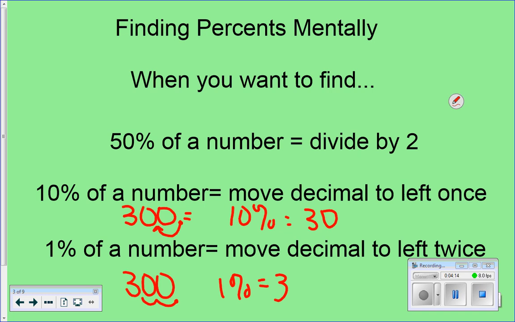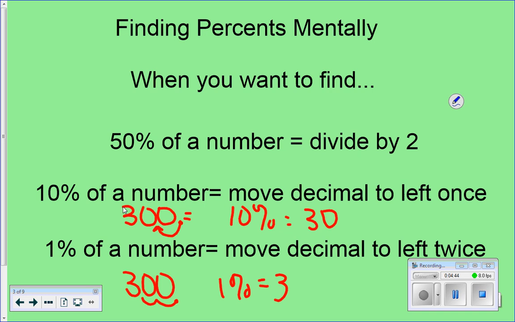Anybody still need this yet? Still working, Merrick? Okay. Good? Jasmine? Correct. Yep, so she's asking, how would I find 5%?